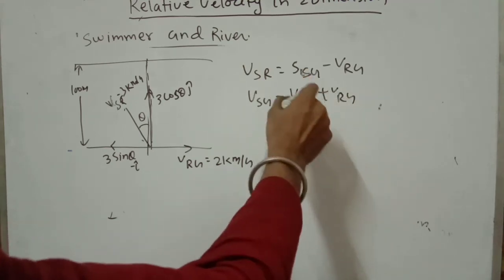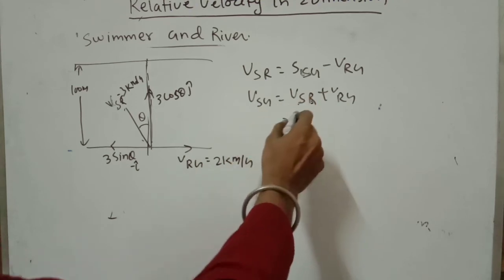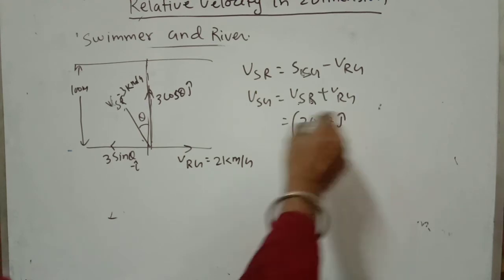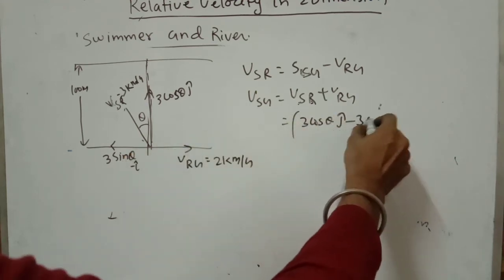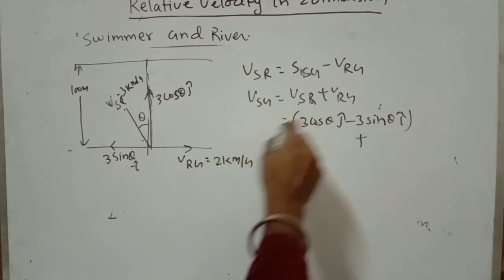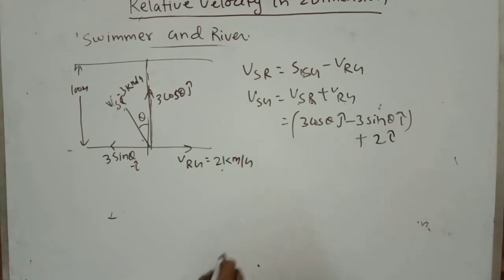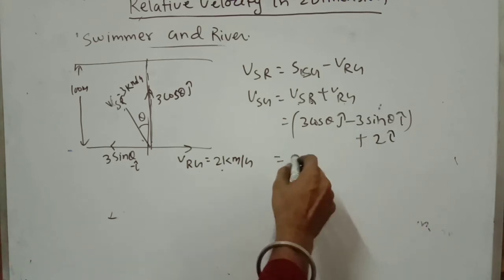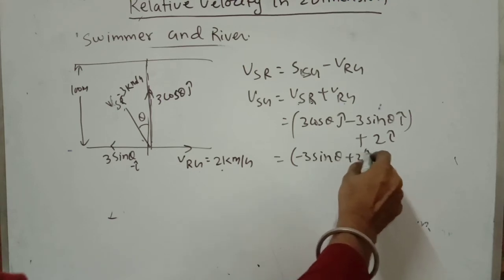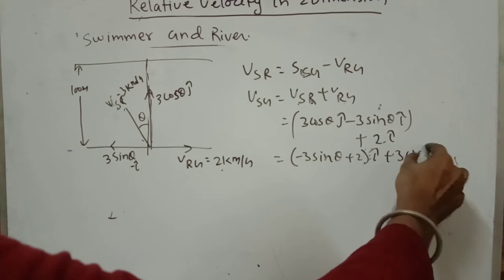So the velocity of swimmer with respect to river is 3 cos theta j cap minus 3 sin theta i cap, and the velocity of river is 2 i cap. So it becomes minus 3 sin theta plus 2 i cap, plus 3 cos theta j cap.